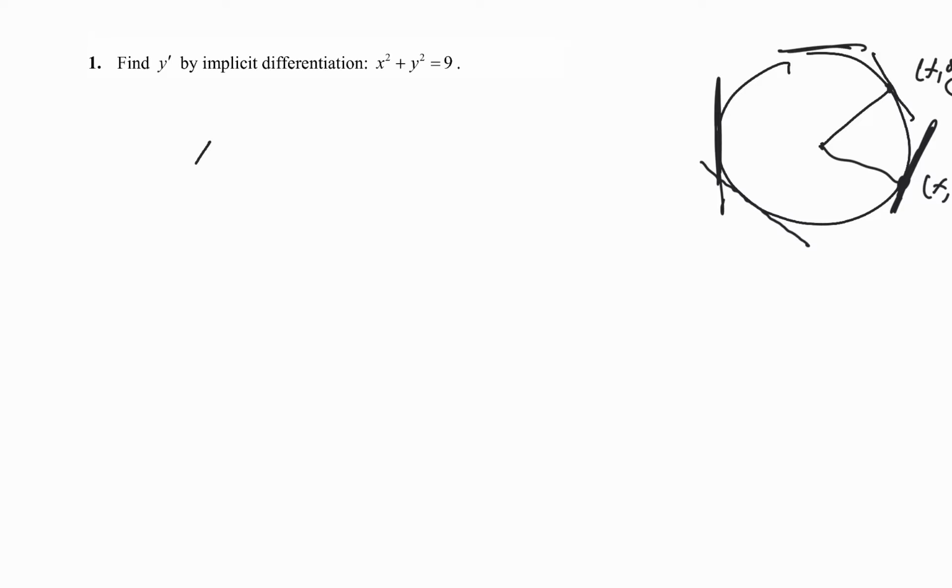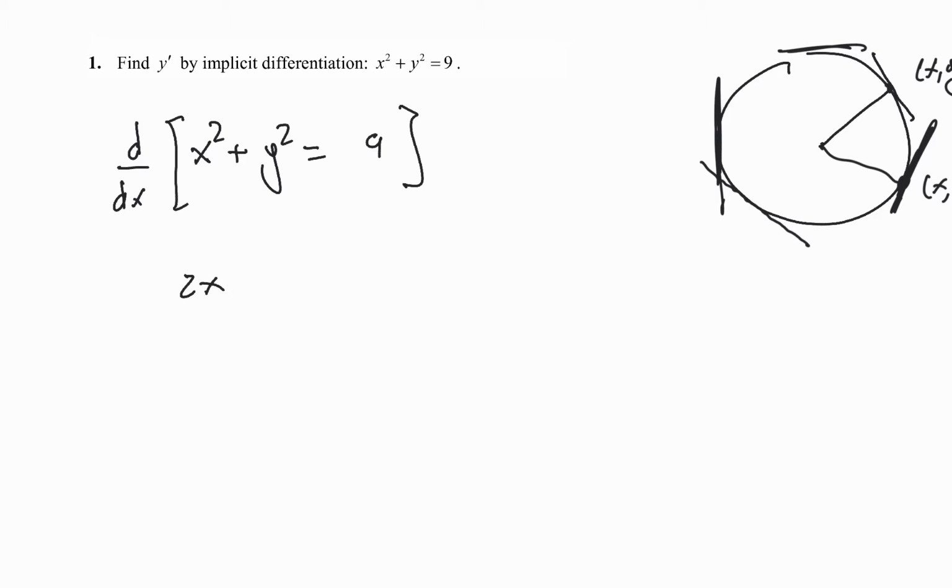We have the equation x squared plus y squared equals 9. What we do to find the derivative of y with respect to x using implicit differentiation is to take the derivative with respect to x of the whole equation. What is the derivative with respect to x of x squared? It's 2x, the power rule.